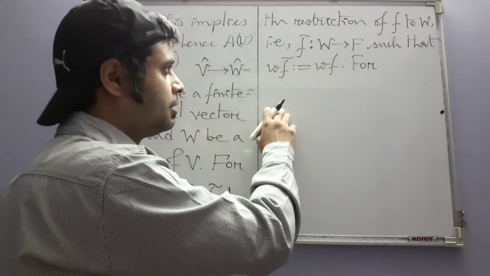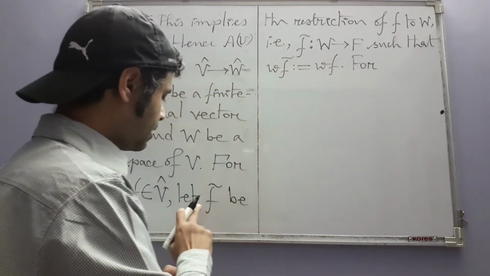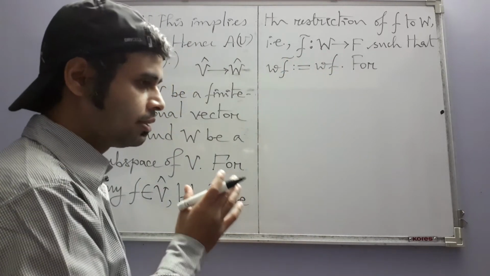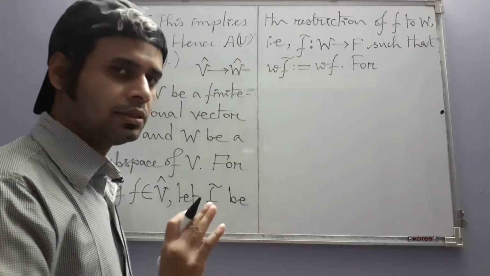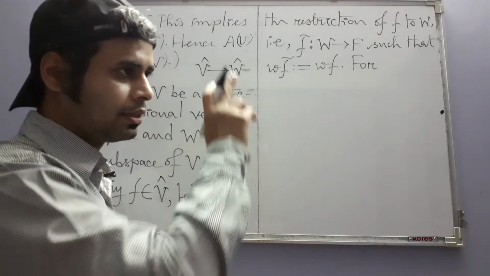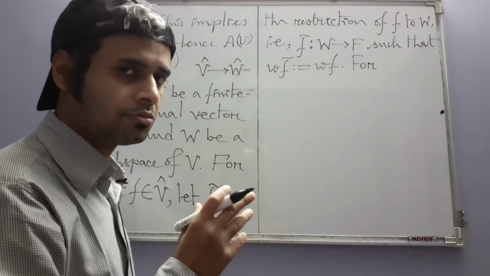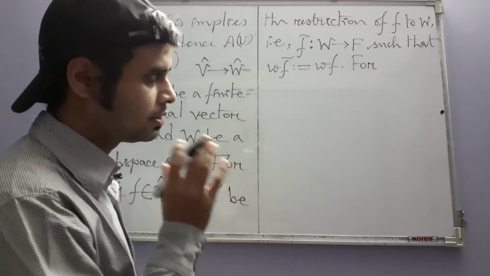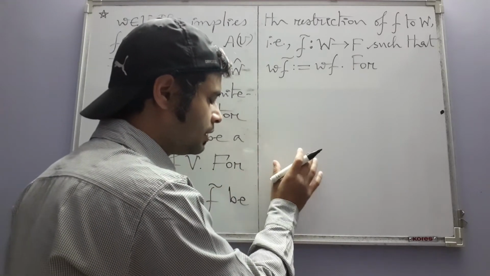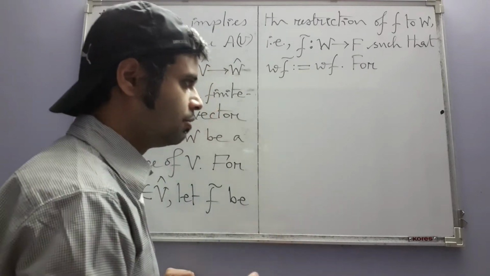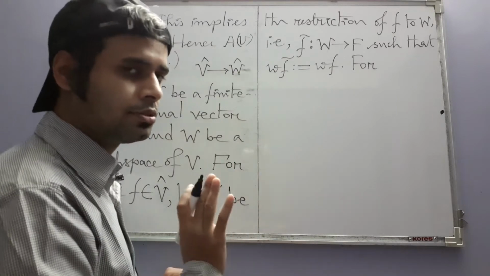Is it well defined? Yes, of course it's well defined, because as a function it's just a restriction, and restriction of a function is a notion that we have already seen before in the very first preliminary chapter, where we have that section on functions. There itself we have seen that there is something called restricting a function to a subset of the domain, and that in fact gives us a well defined function. So this is well defined.